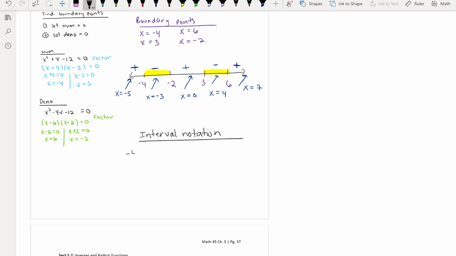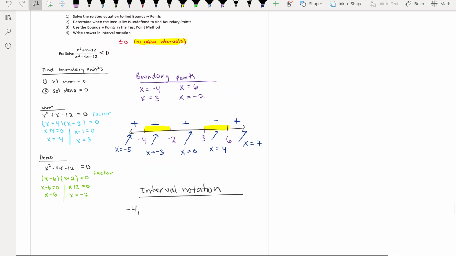It goes between -4. Ooh, and I have to be careful here. Before I write this, I remember that my denominator is going to give me division by 0. That was at x is equal to 6, and x is equal to -2.